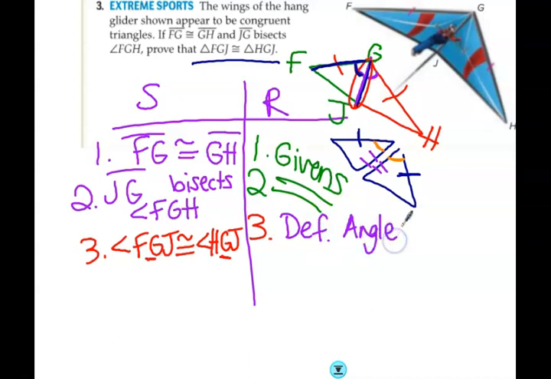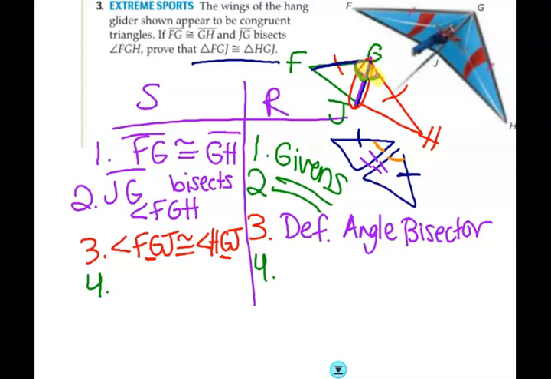If a line goes through an angle, that means the two angles are congruent. If you hear something about a bisector, it's either a segment bisector or an angle bisector, okay? Because it's an angle bisector, we're not using midpoint. What it does is it cuts that angle in half. Let me highlight it. Cuts this angle in half and makes both of them congruent.